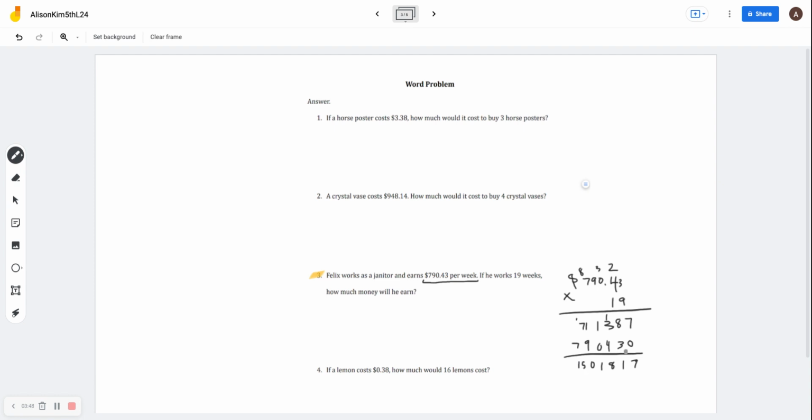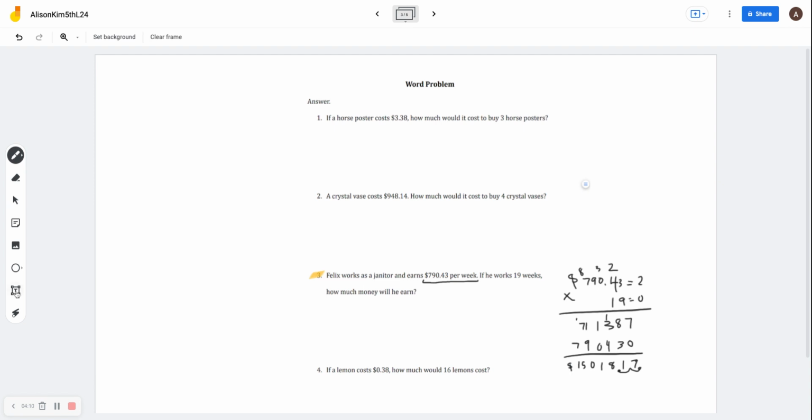Now we have to deal with the decimal places, right? So $790.43 has 2 decimal places, but 19 has 0. So our product should have 2 decimal places. So at first it's right here, and then we move it to the left twice. So 1, 2, so our decimal place is right here. And we need to bring down the dollar sign, right?